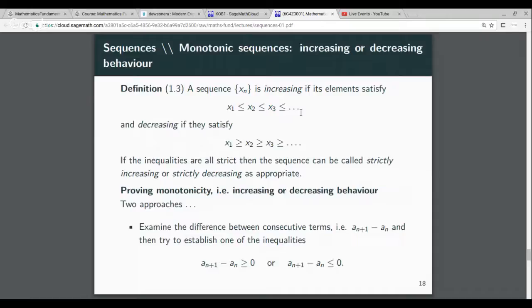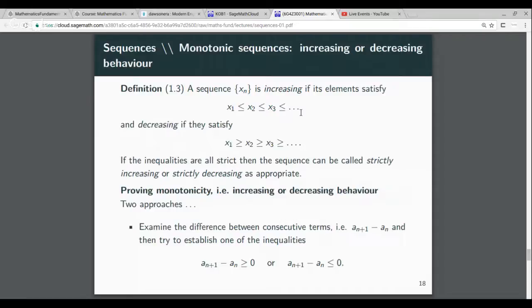If you just say increasing or decreasing, you normally mean weak inequalities, so an element could equal the one that comes after it. But you can talk about strictly increasing or strictly decreasing, which are these definitions with strict inequalities.